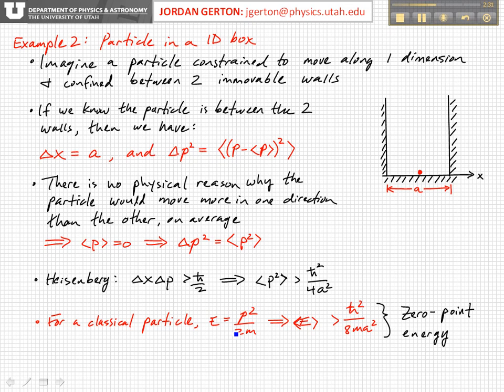I've just plugged in a 1 over 2m here to get the 8ma squared in the denominator. Okay, so let's take a look at this.